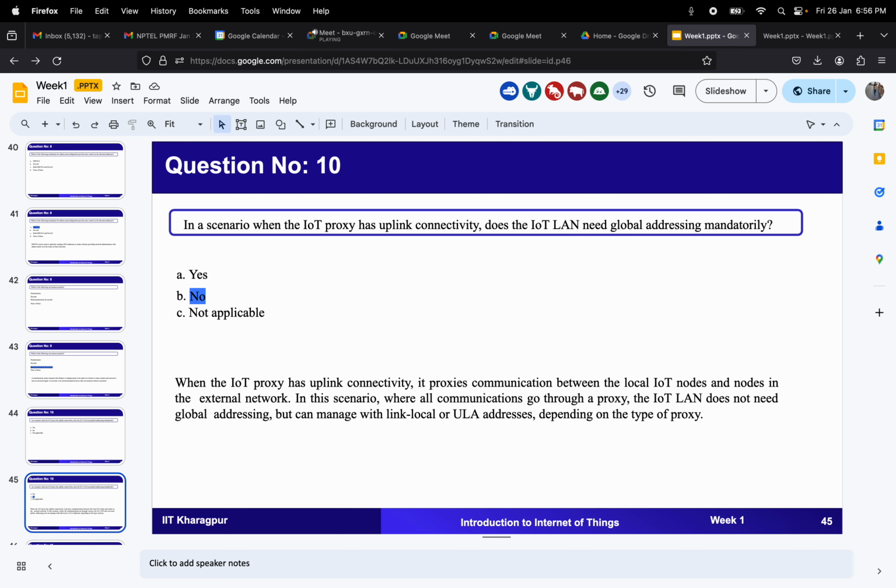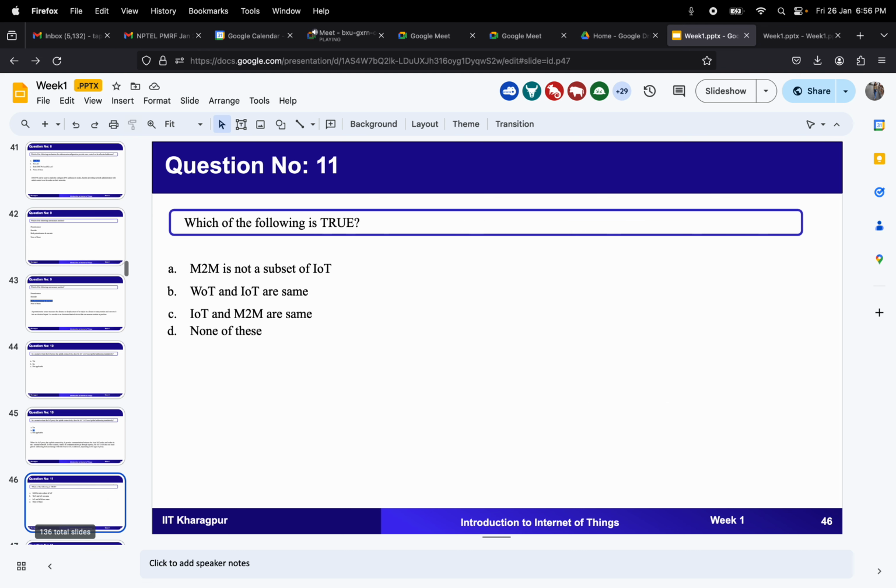Yes, the correct option is no. When the IoT proxy has uplink connectivity, it proxies communication between the local IoT nodes and nodes in the external network. So in this scenario where all communication goes through the proxy, the IoT LAN does not need global addressing.